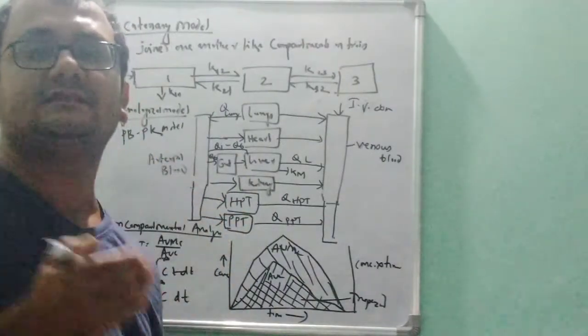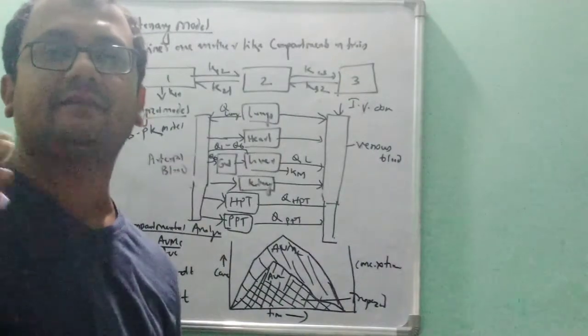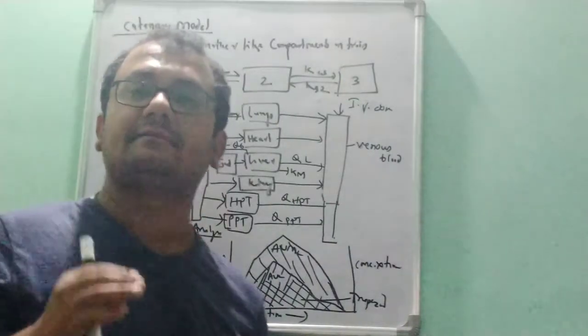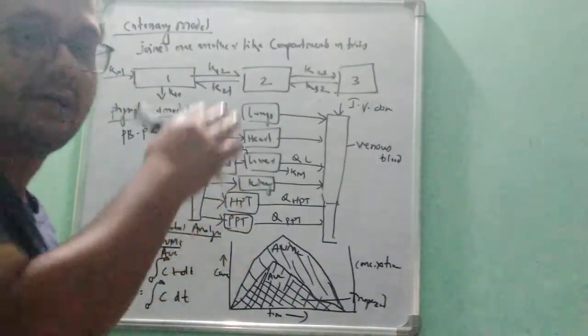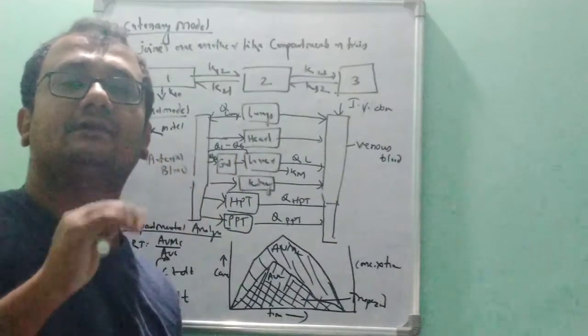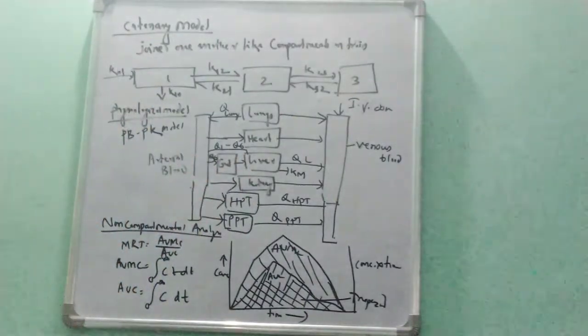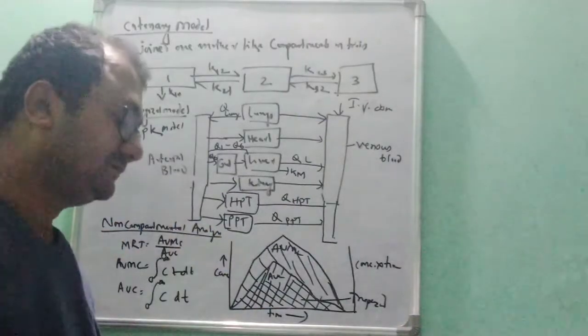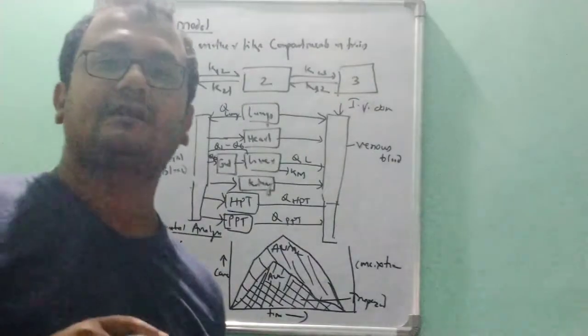So blood flow is one rate limiting factor, and the other is permeation. So the physiological model may be based on two assumptions: blood flow rate limited, and membrane permeation limited.